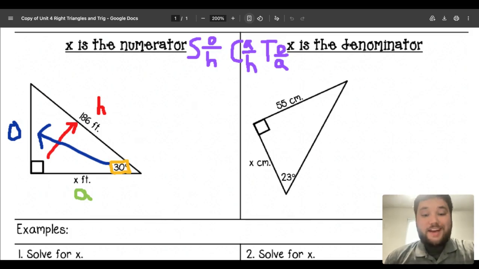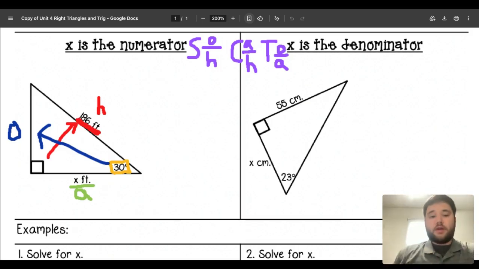We have to identify which one to use, and that is the important thing here. If you take a look, my hypotenuse is 186 feet. That's the only side with a number. The part I'm trying to find is x. That's what my instructions say: solve for x. That is the adjacent side. Unfortunately, I do not have anything for the opposite side.